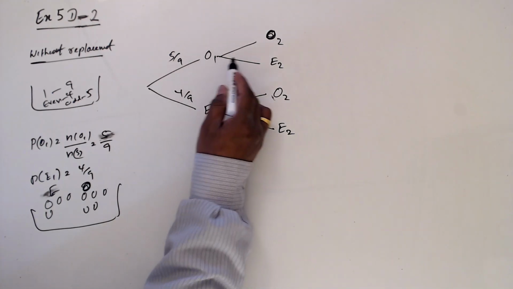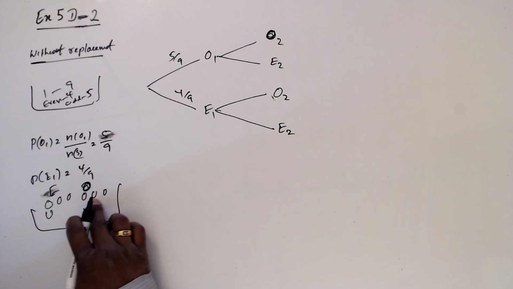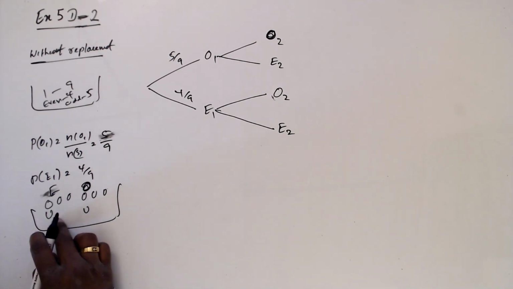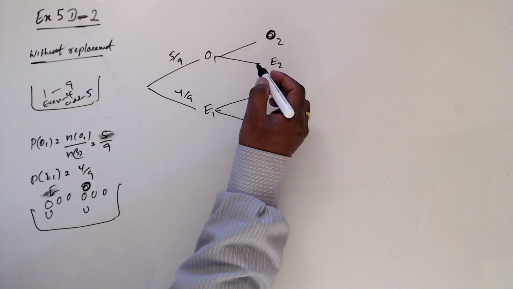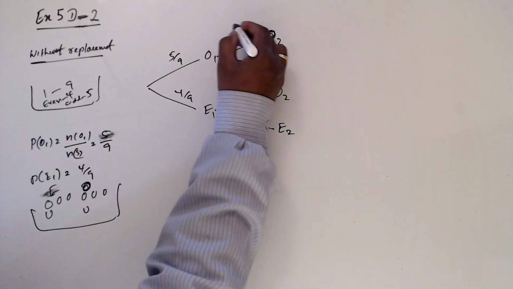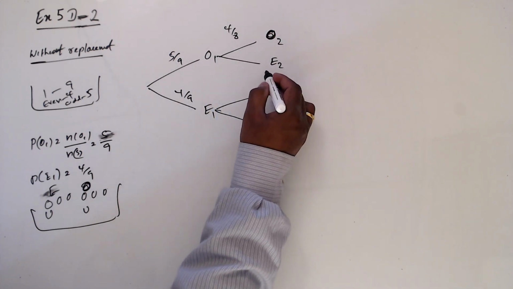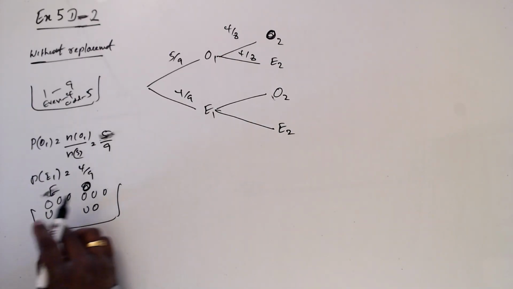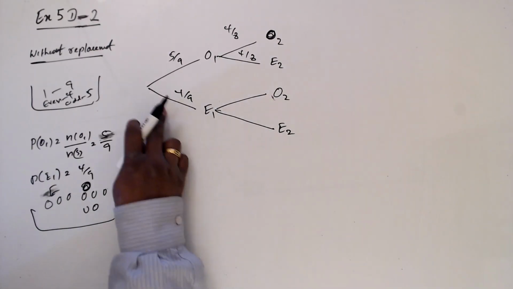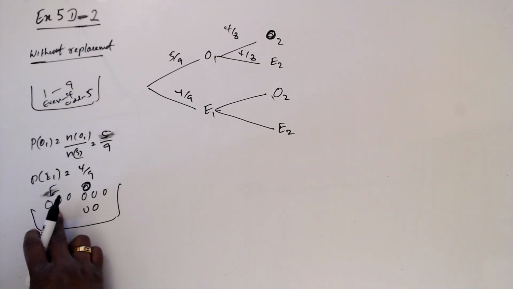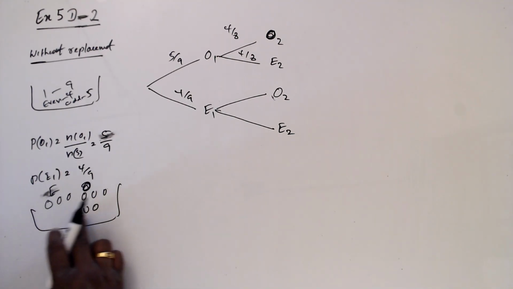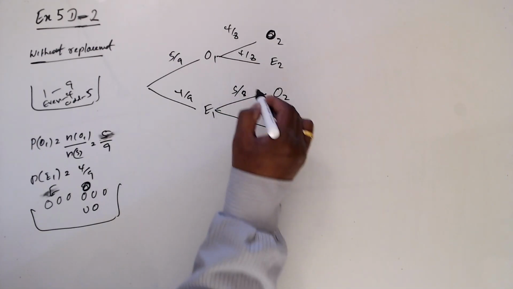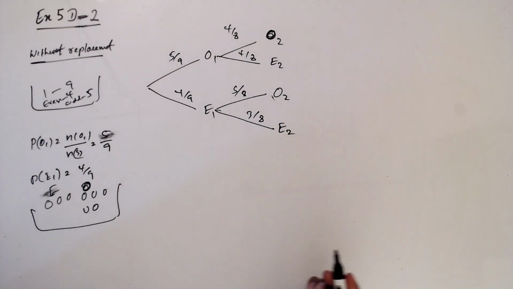So if you pick up an odd card and do not replace, then there are only 4 odd left. So then 4 and 4. Then odd is 4 out of 8, and even also 4 out of 8. But if we pick up even in the first draw, then 3 even and 5 odd. So then 5 out of 8 odd, and this is 3 out of 8 even.